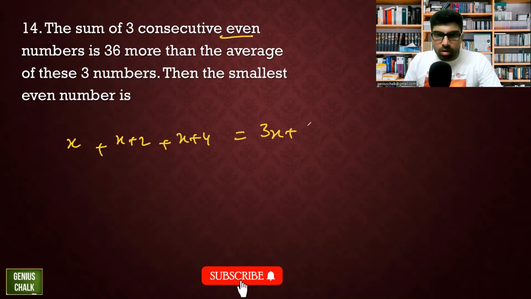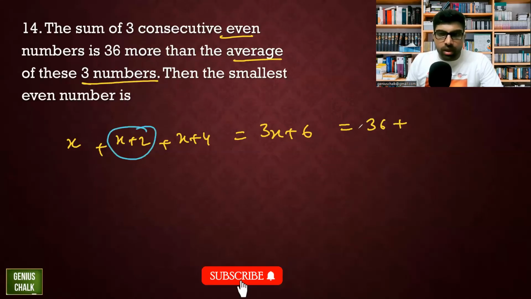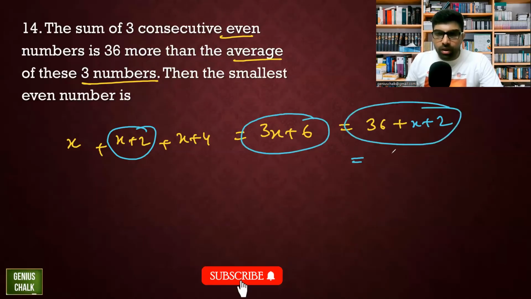3x plus 6. Now their sum is 36 more than the average of these 3 numbers. So what is the average of these 3? x plus 2 is the average. So 3x plus 6 equals 36 plus x plus 2, that is 38 plus x.